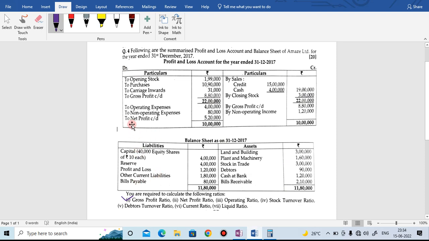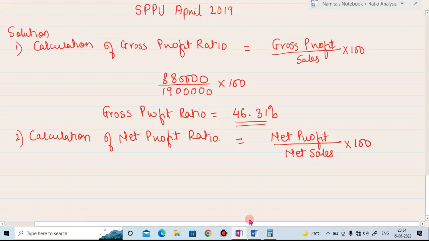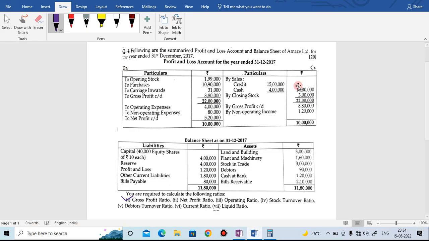Now in the question net profit is given. Net profit is 5,20,000 divided by net sales. So sales are 19 lakhs, which includes credit and cash.